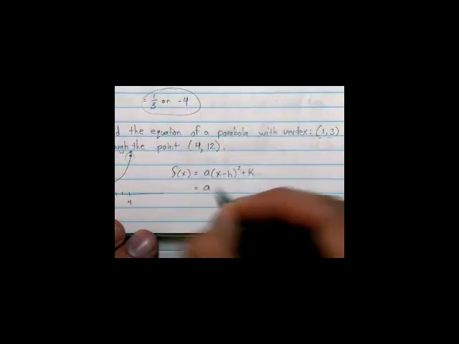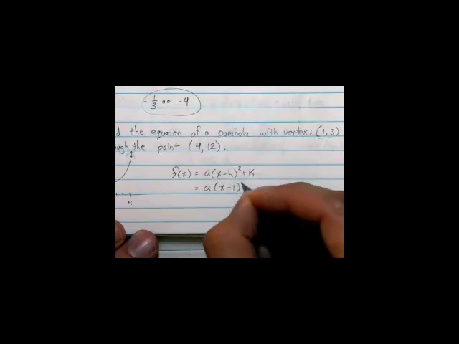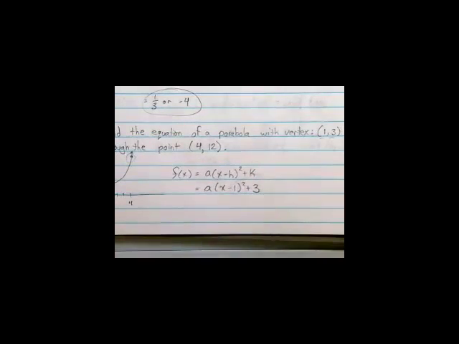So we have a times x minus 1 squared plus 3. Okay? Now, we have this other point, 4, 12, that we can still use. And what's the only other thing we need to know about this equation to write it out completely? A.